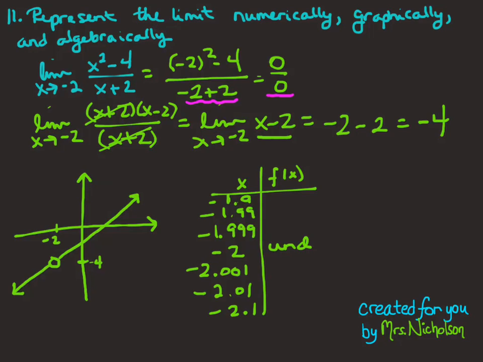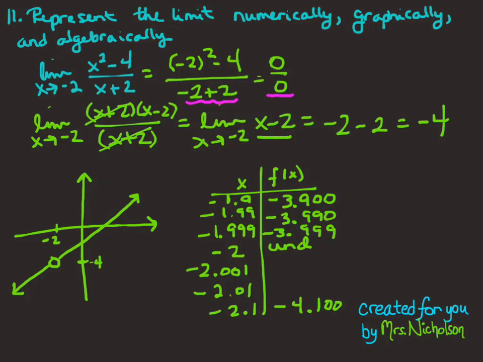If you plug negative 1.9 into the function, it gives you the value negative 3.900. If I plug in negative 1.99, I get negative 3.990. If I plug in negative 1.999, I get negative 3.999. On the other side, if I plug in negative 2.1, I get negative 4.100.